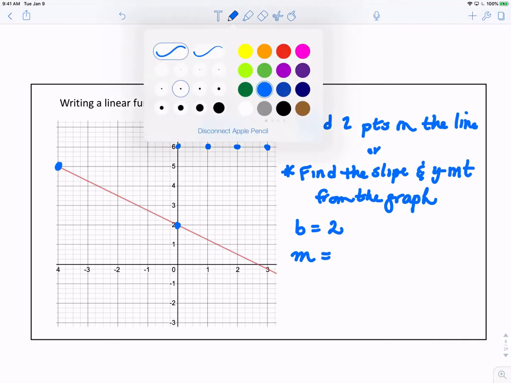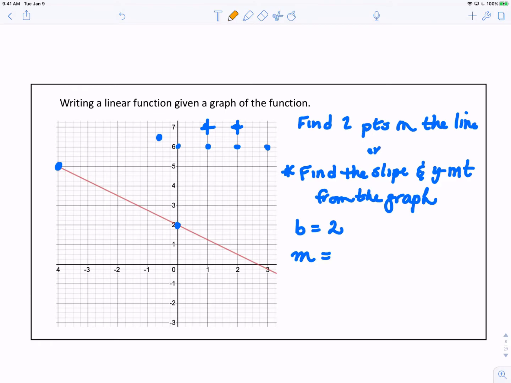And then you can either use the formula for slope, knowing that this is the point (0, 2) and this is the point (-4, 5), and you could use the slope formula. Or, since we have a picture, we could simply think of the step between these points and notice that it would go up 3 and over 4, and so we can see that the slope of this line is 3/4.